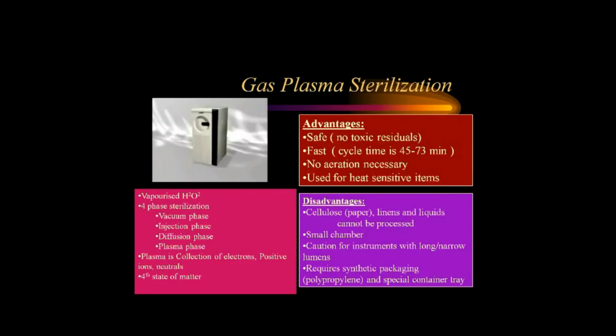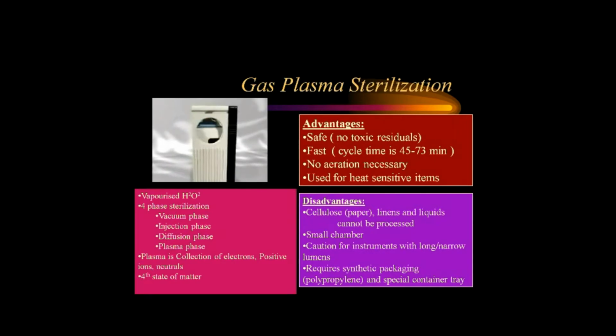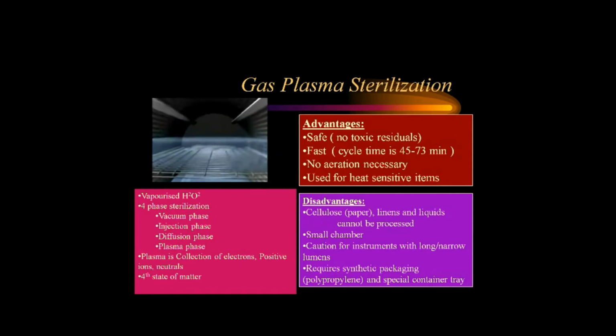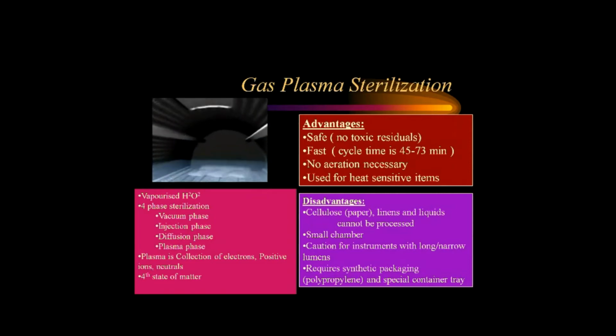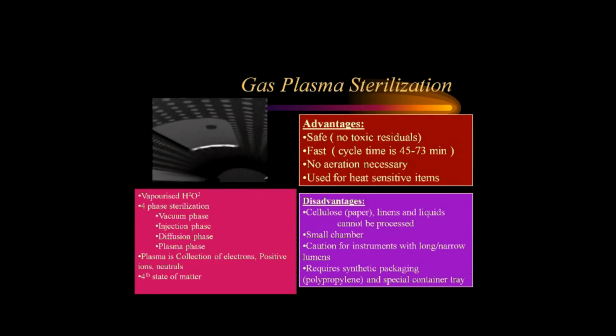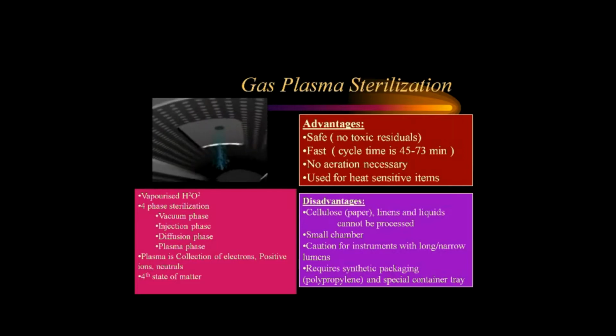Next slide. Gas plasma sterilization uses vaporized hydrogen peroxide. It has 4 phases of sterilization, namely vacuum phase, injection phase, diffusion phase, and a plasma phase. Plasma is nothing but a collection of electrons, positive ions and neutrals. It is otherwise called the fourth state of matter, and it is very bactericidal.